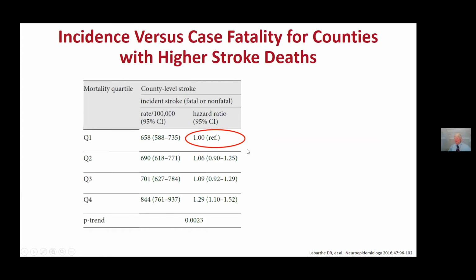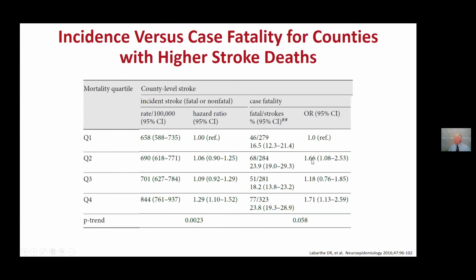If we move up to counties that have a little bit higher mortality, the stroke incidence is also higher. As we move to counties that are higher still in mortality, it goes up more. And if you go up to the counties with the highest stroke mortality, you can see that it's 29% higher and it's statistically significant. And the trend test is, no doubt about it, the counties with high stroke mortality are the counties with high stroke incidence also.